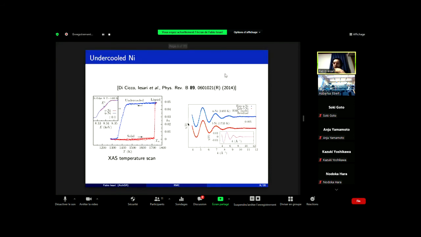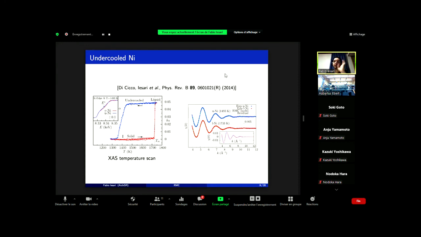Now I will show you some examples of work that we have done with this. The first one was a study of liquid and undercooled nickel. Here you can see the X-ray absorption as a function of the temperature. We kept the energy fixed at one point near the edge and scanned the absorption.